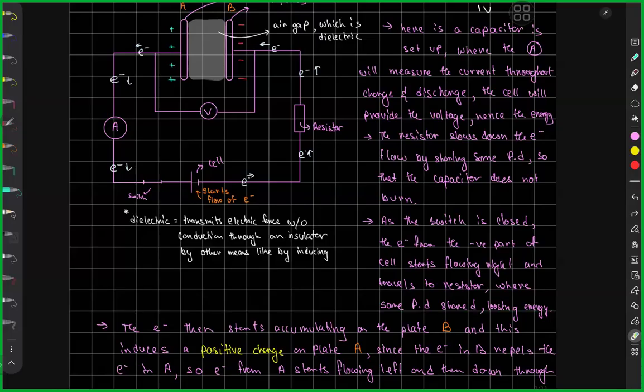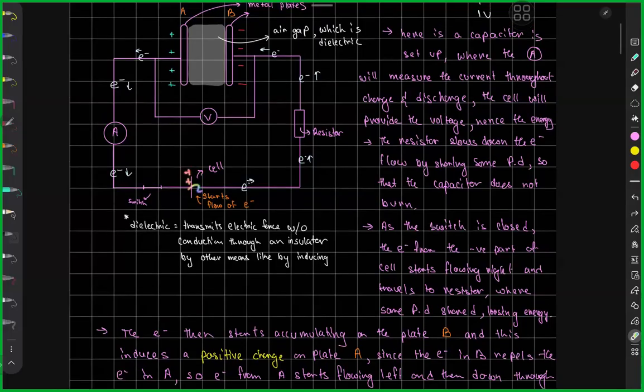So if there is a large accumulation of positive charge here and a large accumulation of negative charge here, the circuit is built in such a way that it allows the electrons to flow from here to here to here and come back to the positive side, such that it can nullify the net positive charge over here, make it neutral, and nullify the net negative charge over here and make it neutral.